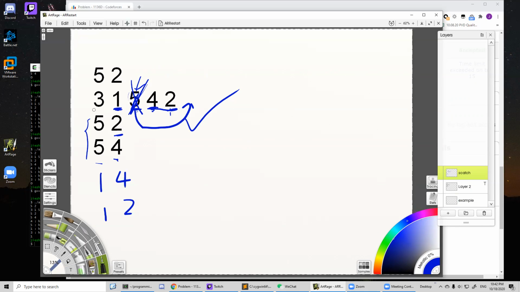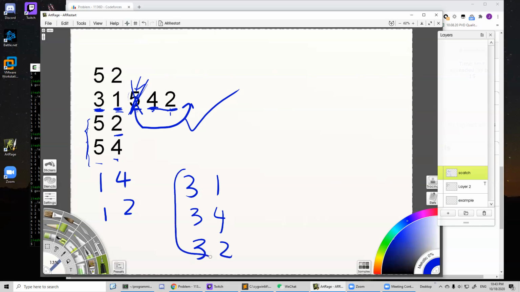And then we can check 3 to see if we can make 3 go to the right of the last digit. To check that, we only need to check if 3, 1 is in the given pairs, and 3, 4 is in the given pairs, and 3, 2 in the given pairs.